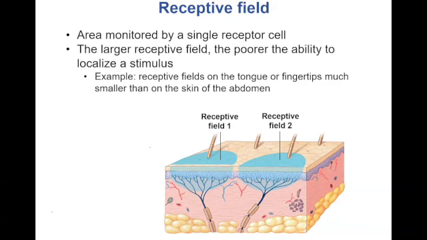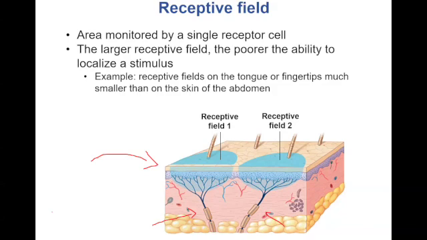Okay, as I discuss this, hopefully you're going to start thinking about the lab that we did the other week. So again, the area that's going to be monitored by a sensory receptor is going to be called the receptive field. Okay, and we're looking at an example here of the skin that's being monitored by two different neurons.